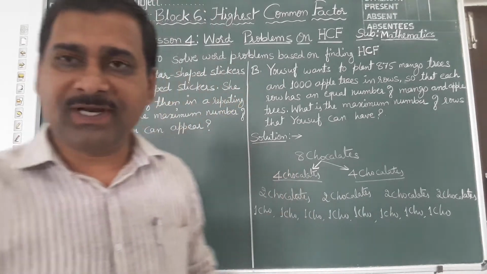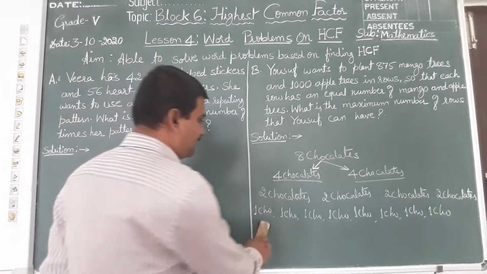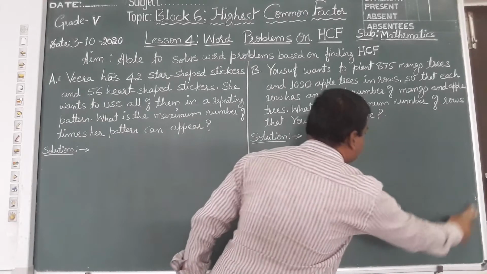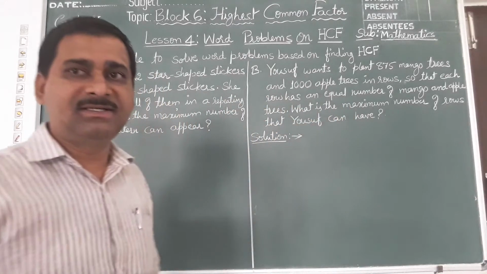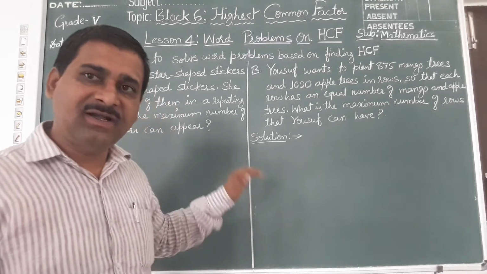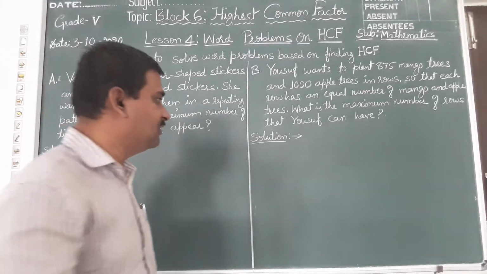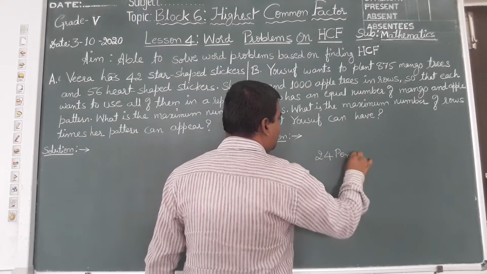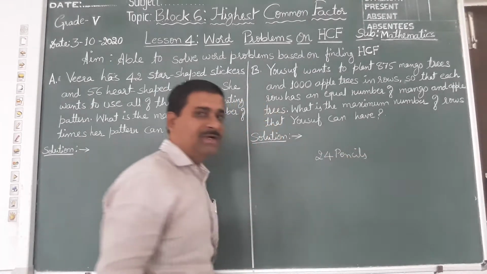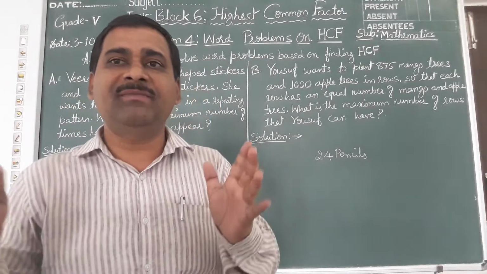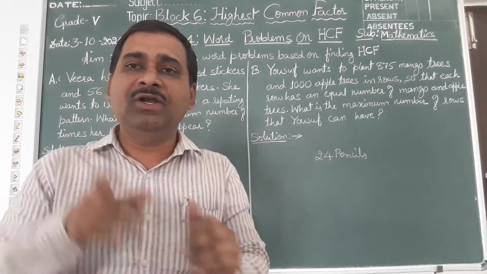So, if I take one more example, because this question is asked, children, in practice questions of lesson number 4 and in the workbook also, so you should know this. 24 pencils are there with you, and you should distribute them equally in groups.